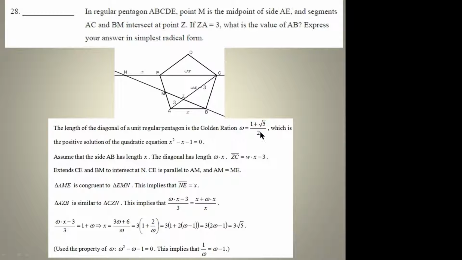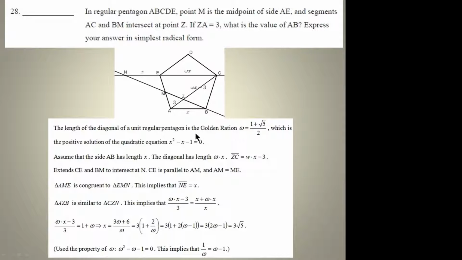Also, this number is the positive root of the equation x squared minus x minus 1. The golden ratio is the positive number which satisfies this equation. So we will use the fact omega squared minus omega minus 1 equals 0 to simplify the solution.